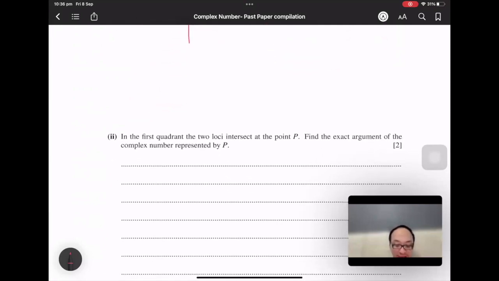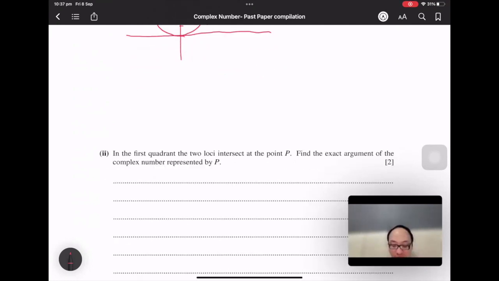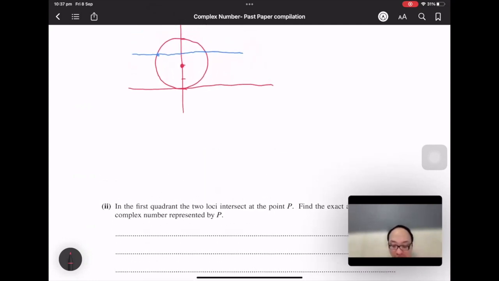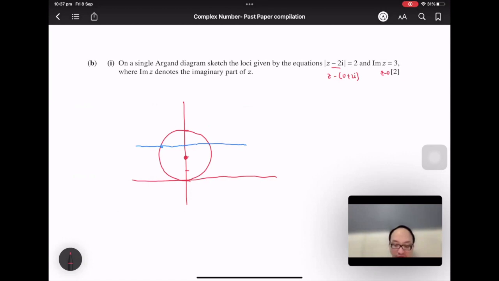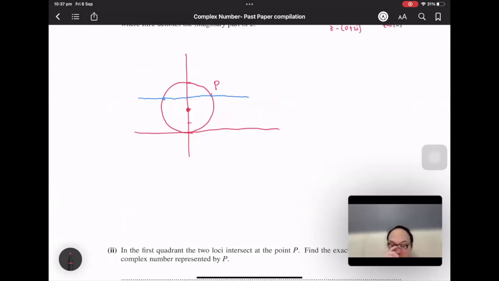In the first quadrant, the two loci intersect at point P. Find the exact argument of the complex number represented by P. So this is P. Find the exact argument. Okay, so this one, the argument of z is this.